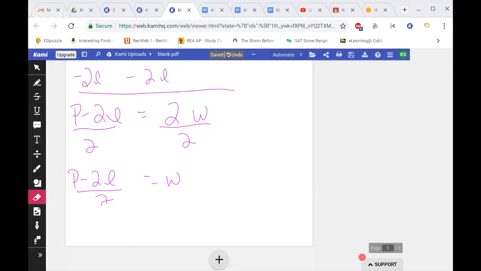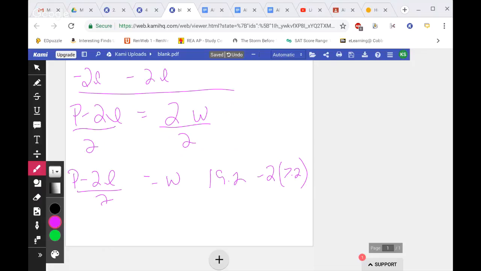So I would plug in 19.2 minus 2 times 7.2, all over 2.